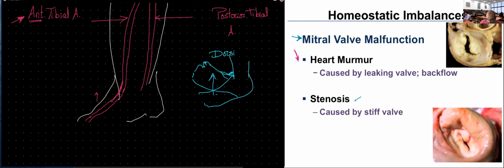Dorsiflexion, exactly. Dorsiflexion. So remember, the superior surface of the foot here is called the dorsal surface, dorsal. This is the back of the foot.